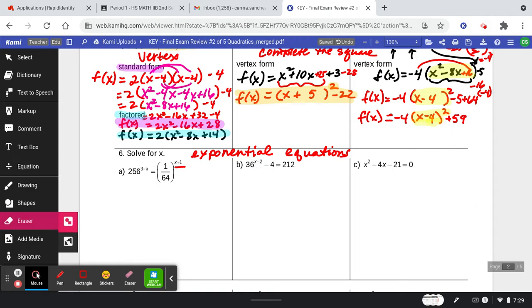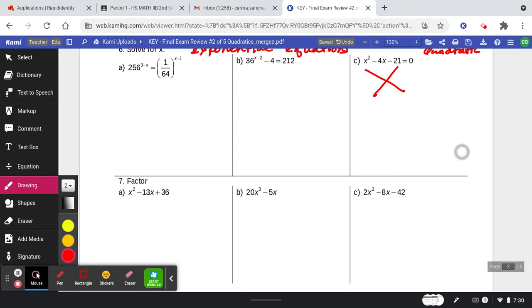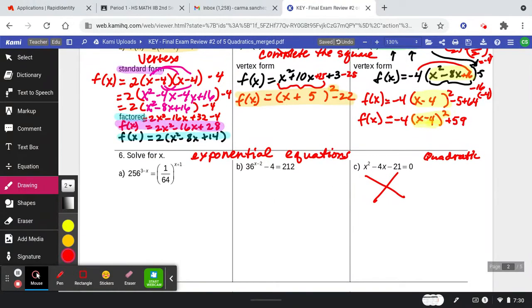And so we're going to end up solving once we find the same base. Over here, we've got solving a quadratic. How do I know it's a quadratic? Because it's an x squared. We're going to solve that guy by factoring. Looking down here, I've got another, then we're on factoring. So anyways, let's go do these equations then.